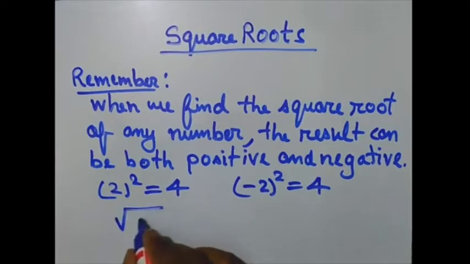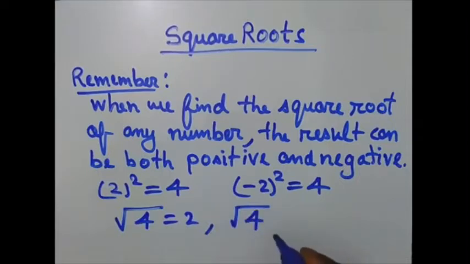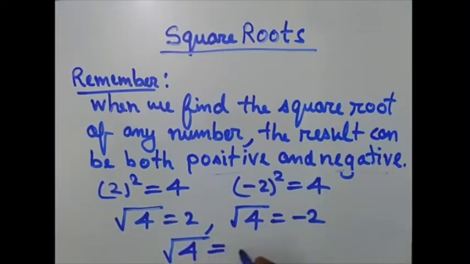So we can represent the square root of 4 as 2, and we can also represent the square root of 4 as negative 2. So we can finally say that square root of 4 is equal to plus or minus 2. The answer will be both in positives as well as negatives. But for the moment we are dealing with the concept, so we'll ignore the positive and the negative symbol. Okay?